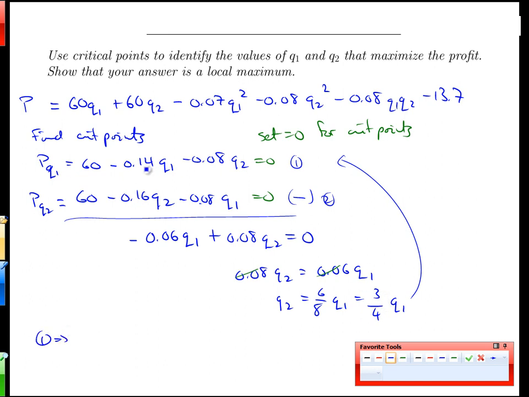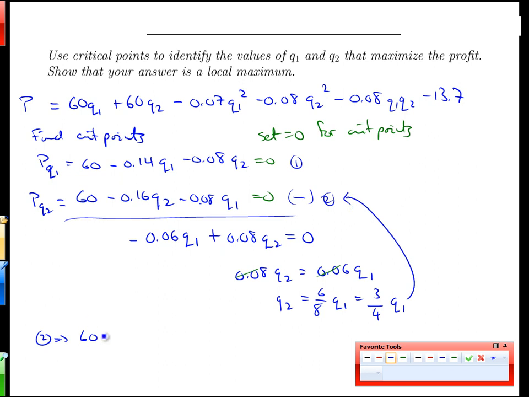So 3/4 of Q1 shows up here, and oh goodness, let's use 2. I can just see the algebra working out more nicely with 2. Doesn't matter, they get the same answer either way, but 3/4 of 0.08 is going to be much nicer than 3/4 of 0.14. So into 2, change my arrow here because I changed my mind.